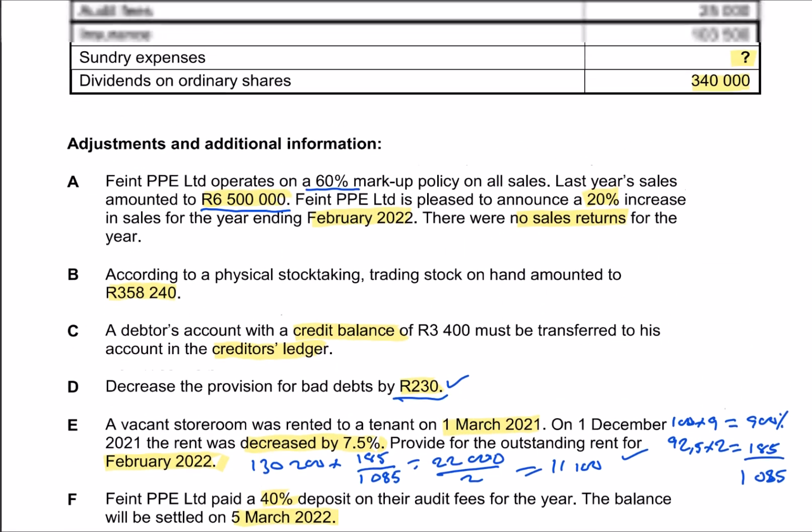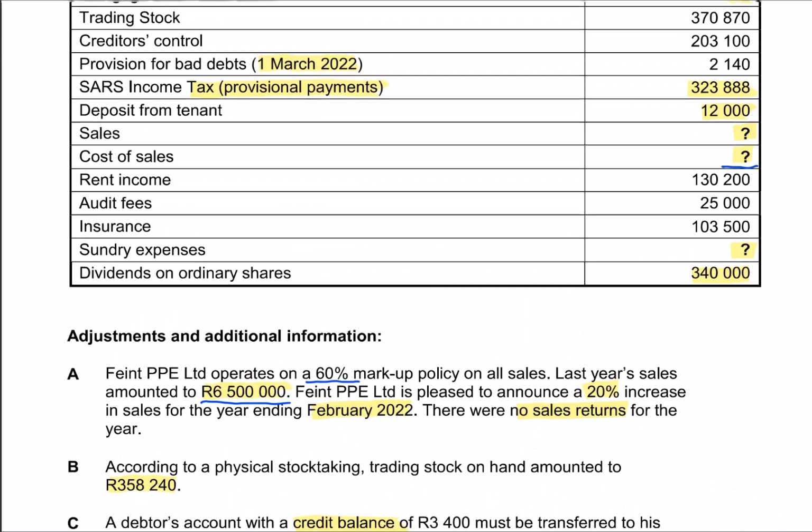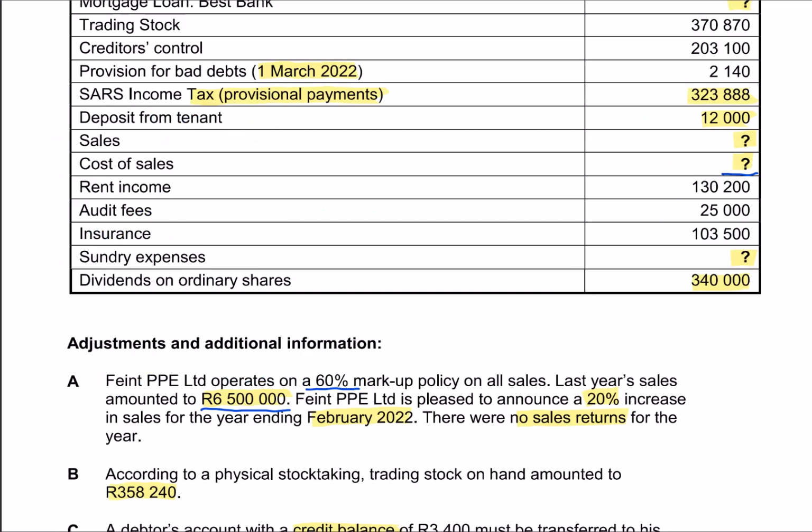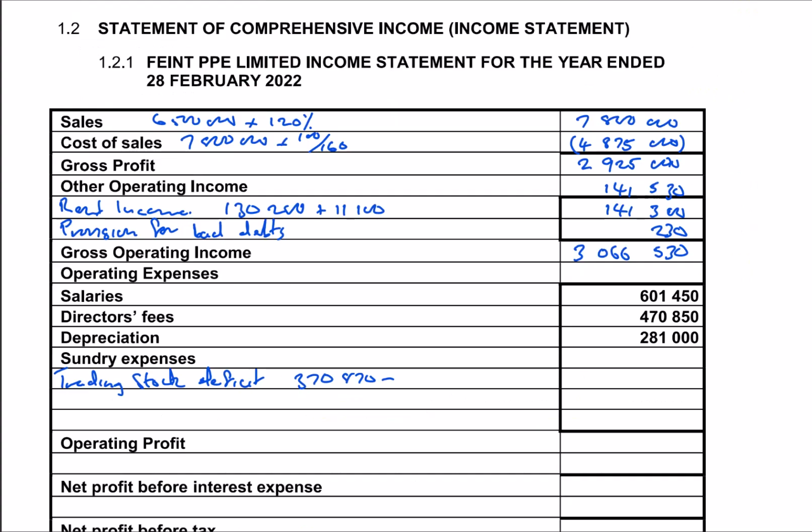So when we go back to our answer book, trading stock deficit. That's 370,870 minus 358,240. Right, that's our first one.